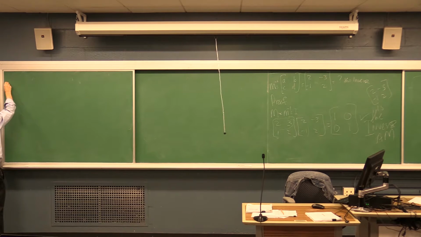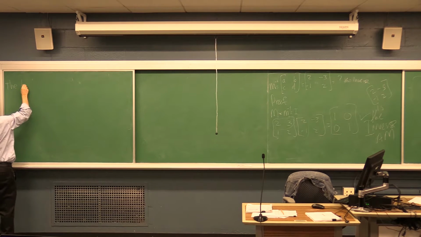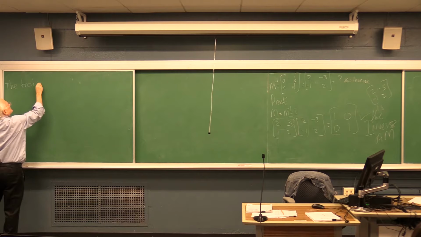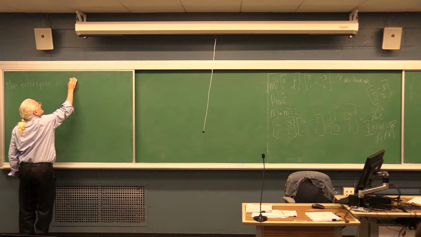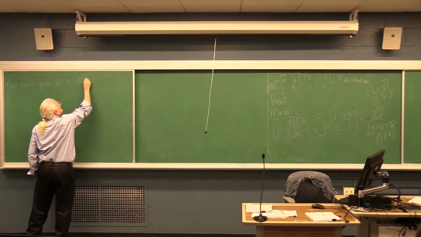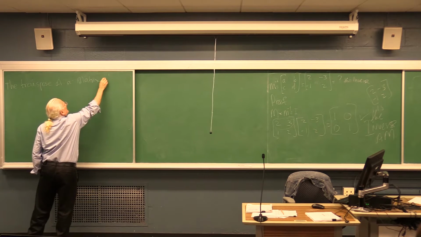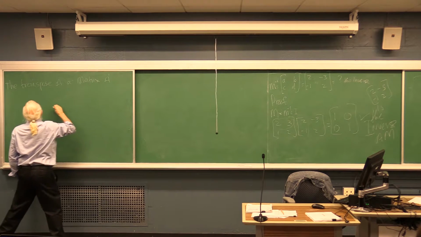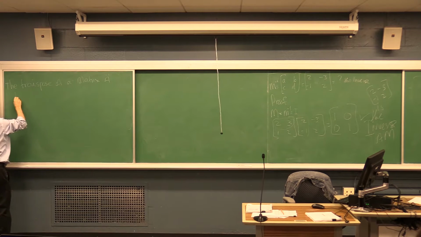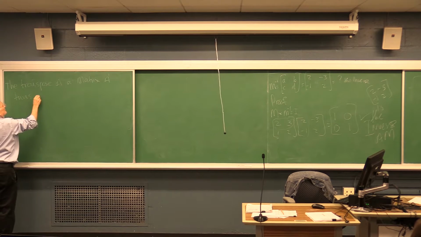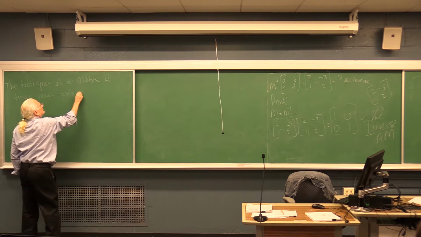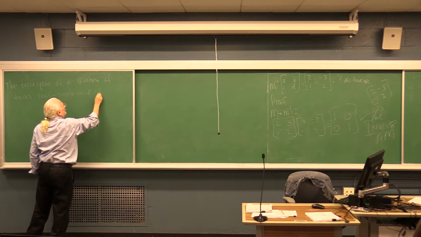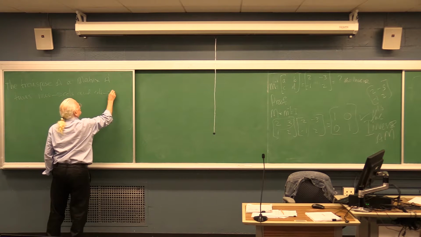So the transpose of a matrix A turns rows into columns and columns into rows.